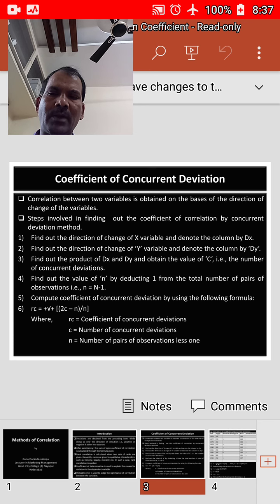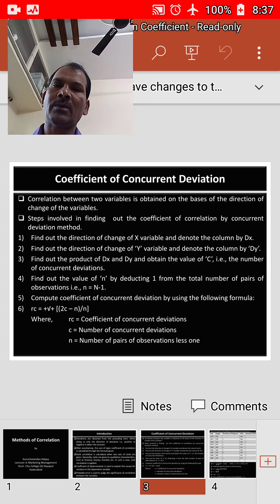If you look at the PPT, you will find that rc is equal to plus or minus the square root of plus or minus (2c minus n) by n, where rc is the coefficient of concurrent deviations, c is the number of concurrent deviations, and small n is the number of pairs of observations less 1, because we are not considering all the values given in the series, only pairs of observations.